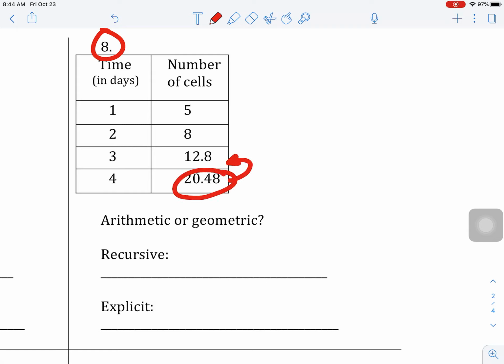So I'm going to take 20.48 and I'm going to divide it by 12.8. I'm going to use my calculator on my phone for that. And when I divided that, I got 1.6. And then to make sure that that works each time, I'm going to try it again. Now I'm going to do 12.8 divided by 8.